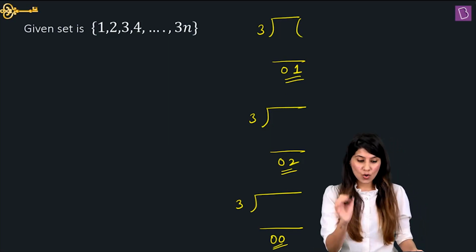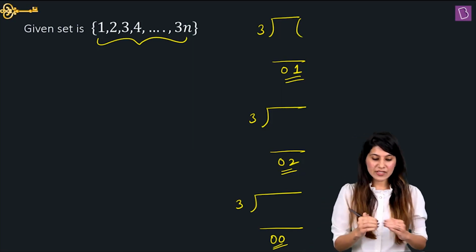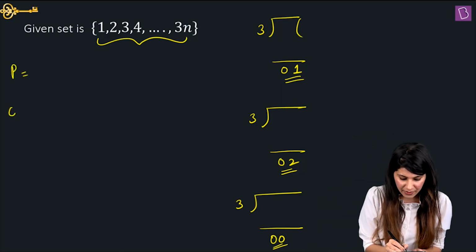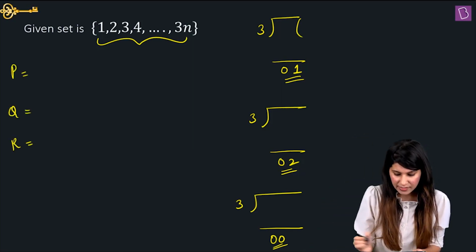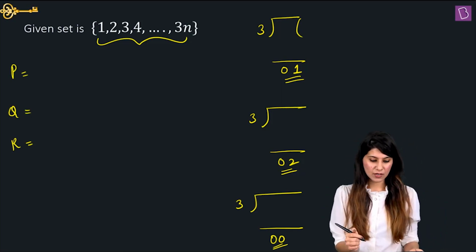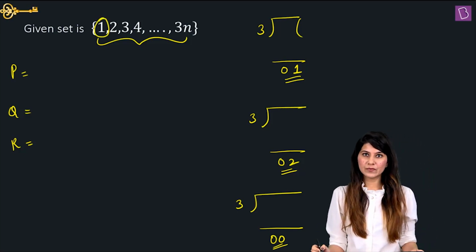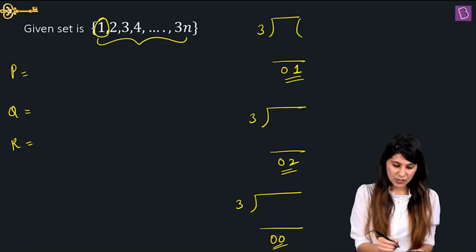Right? So what we are going to do is, there are 3n numbers. We will separate the numbers depending upon the remainder. The criterion is the remainder. When you divide 1, the first number, by 3, the remainder you get is 1.